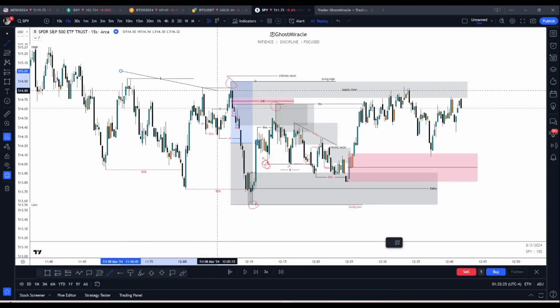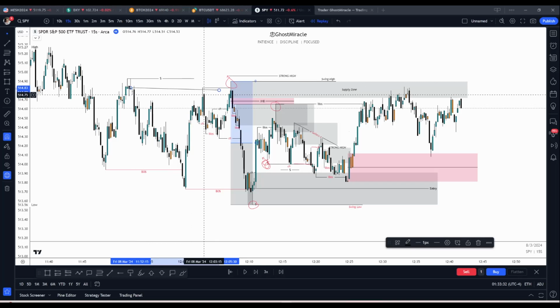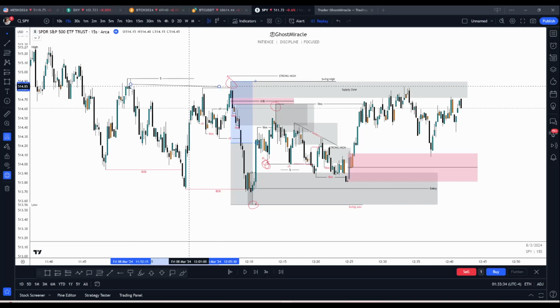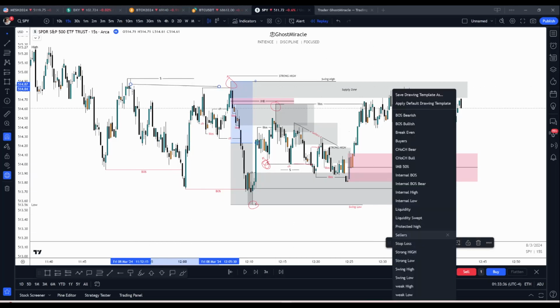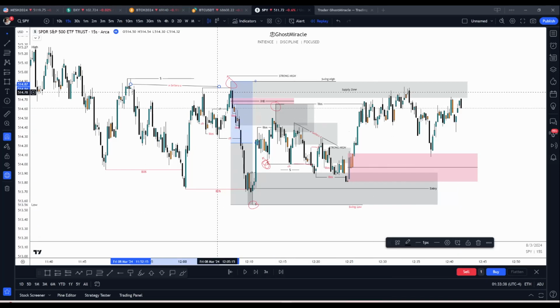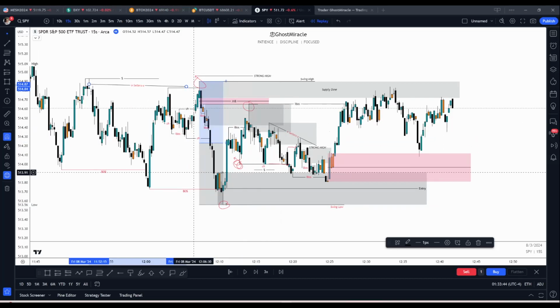And then if you see a nice flush after that, it's like okay, price took out all the sellers here, in this area generally, well, not all the way up there, but these sellers here, and then flushed to the downside.